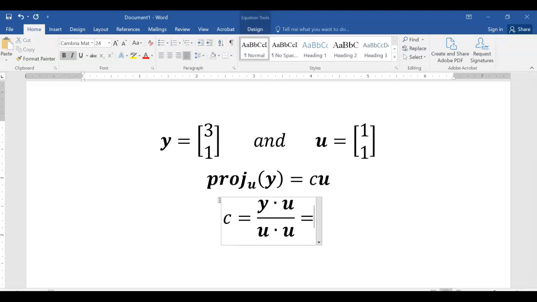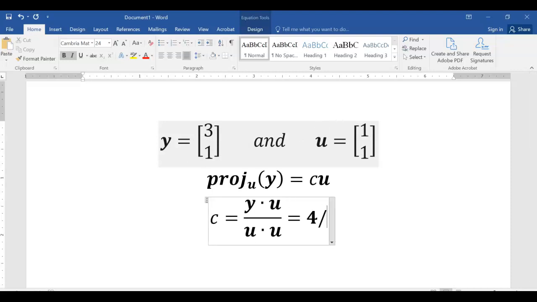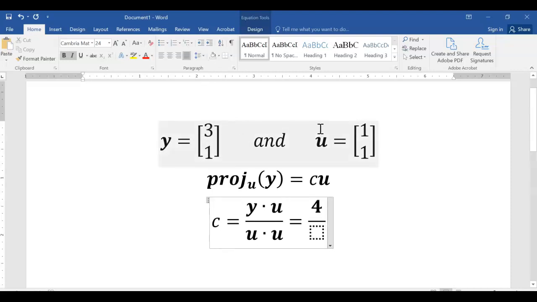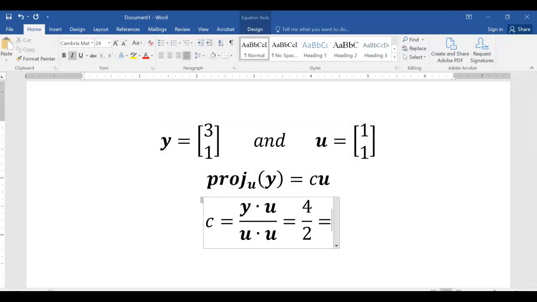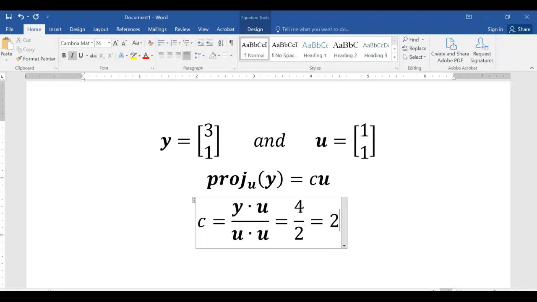In this case, inner product of (3, 1) and (1, 1) turns out to be 4. 3 times 1 plus 1 times 1 is 4. And then inner product of u by itself, 1 times 1 plus 1 times 1 gives me 2. So we end up with a coefficient of 2.